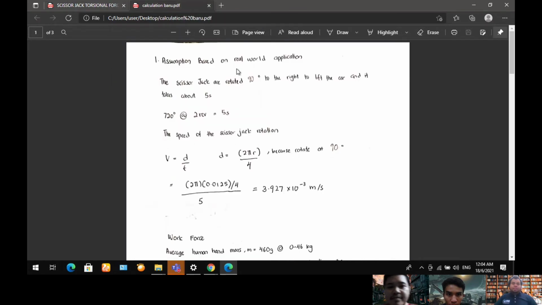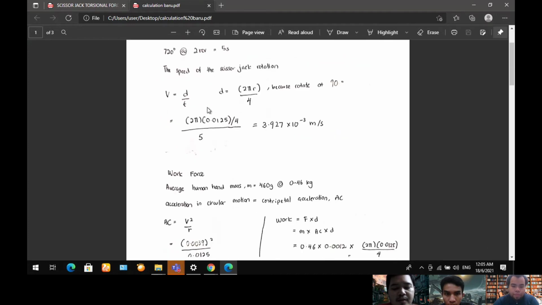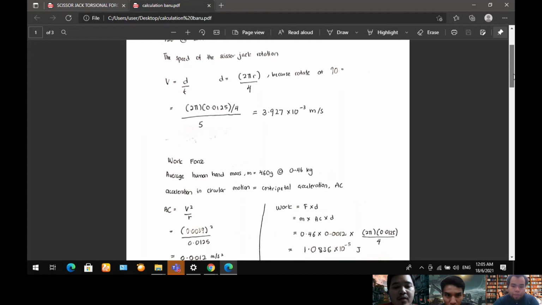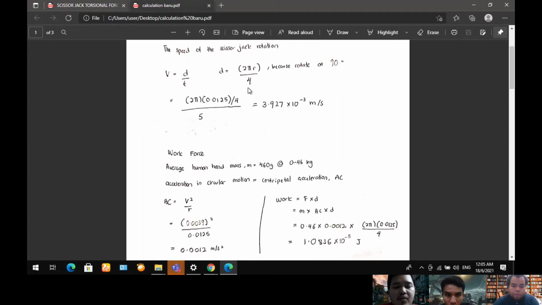Hello, hi. My name is Muhammad Zulkarnain. Now we discuss the calculation. From the FBD, we assume that the scissor jack is rotated 90 degrees to the right to lift the car and it takes about 5 seconds. So we use the formula V equals D over t.